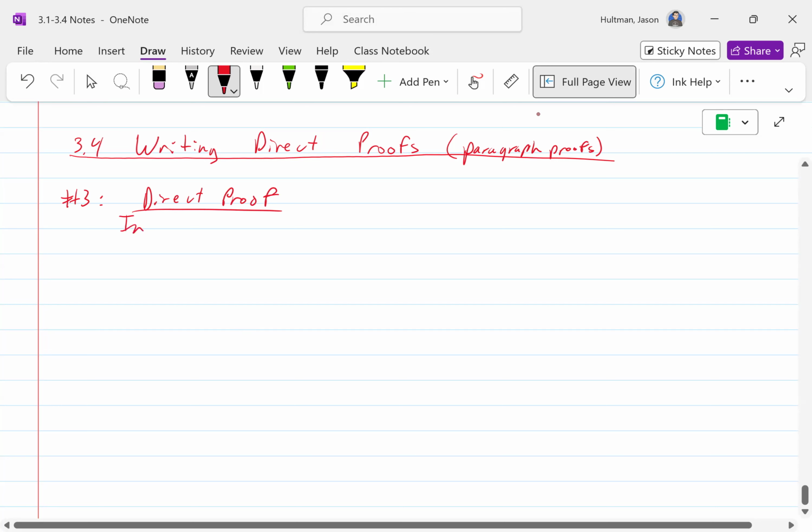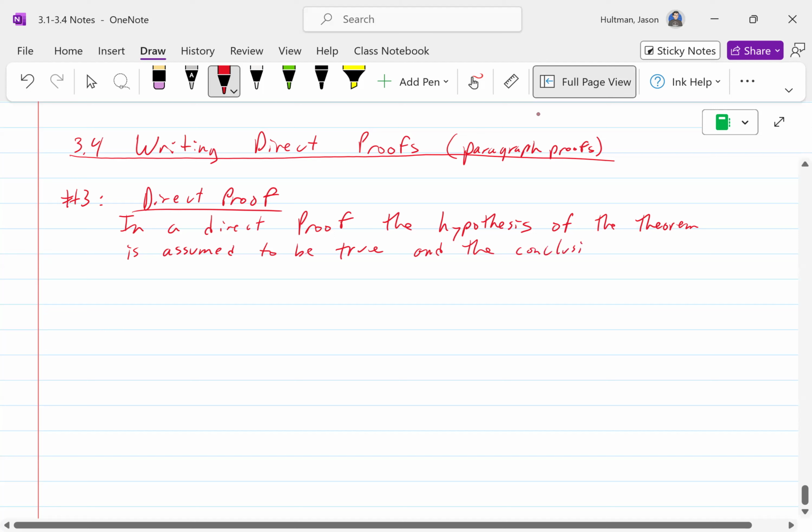In a direct proof, the hypothesis of the theorem is assumed to be true, and the conclusion is proven as a direct result of the assumption.